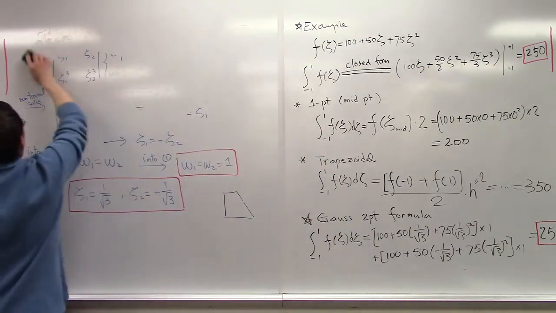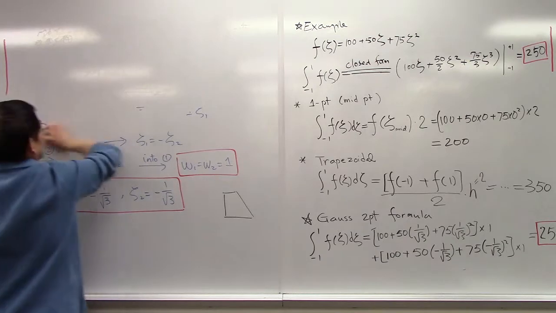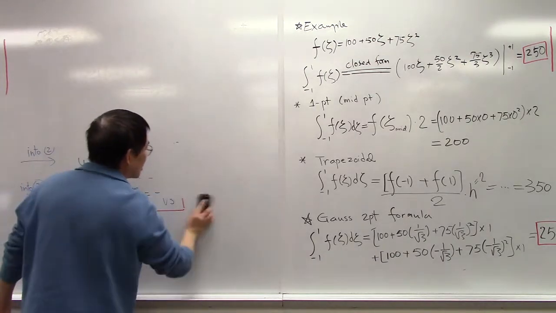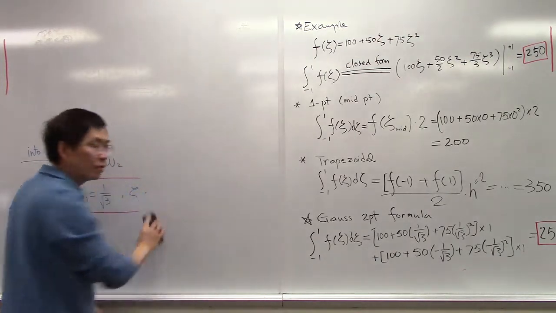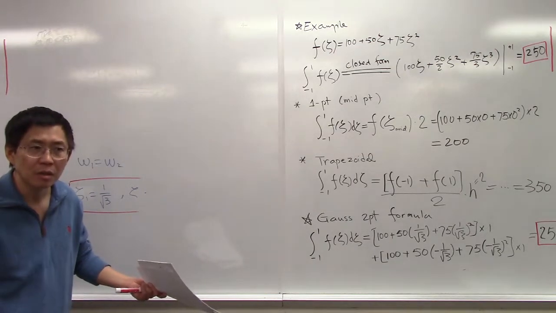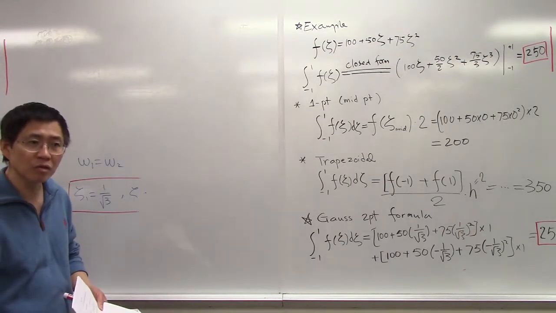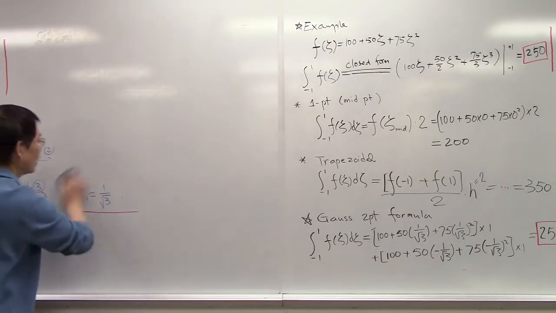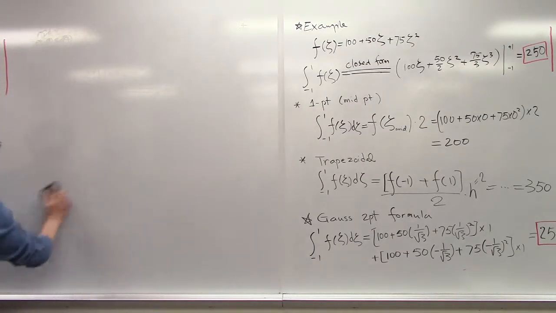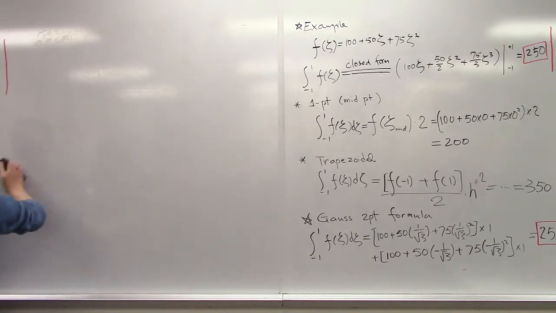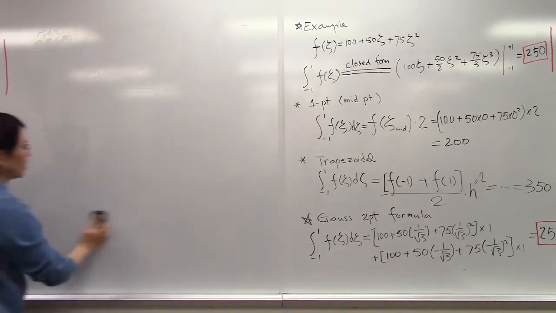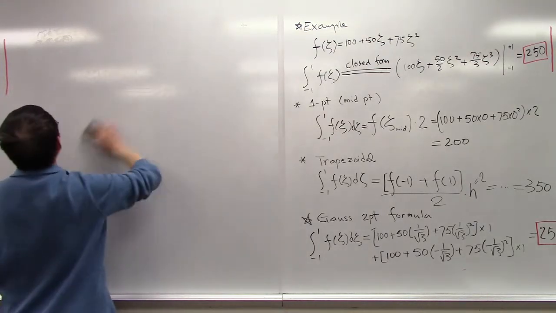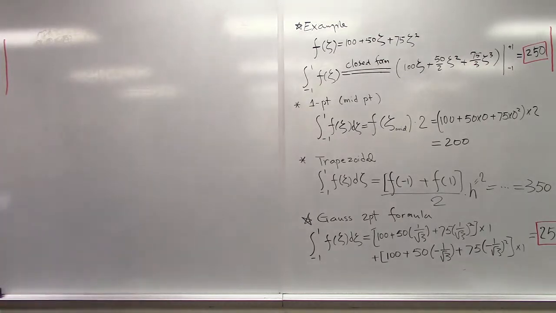But remember that the Gaussian integration is derived in view of using polynomial functions. If it's not a polynomial function, it will not be accurate. It will be only an approximate solution, okay? So it only guarantees that if the function can be expressed in polynomial form, it will be accurate up to the third order. That's what Gaussian integration promises, okay?